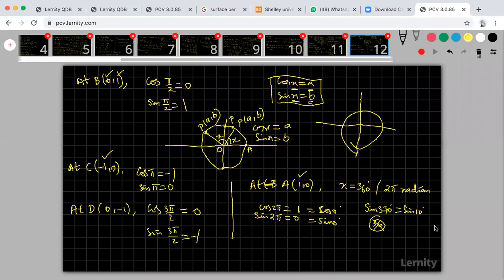Okay, so that is called the period of the function, which we will study later. So the important note is, after 360 degrees we are getting the same repeated values for sine and cosine functions.